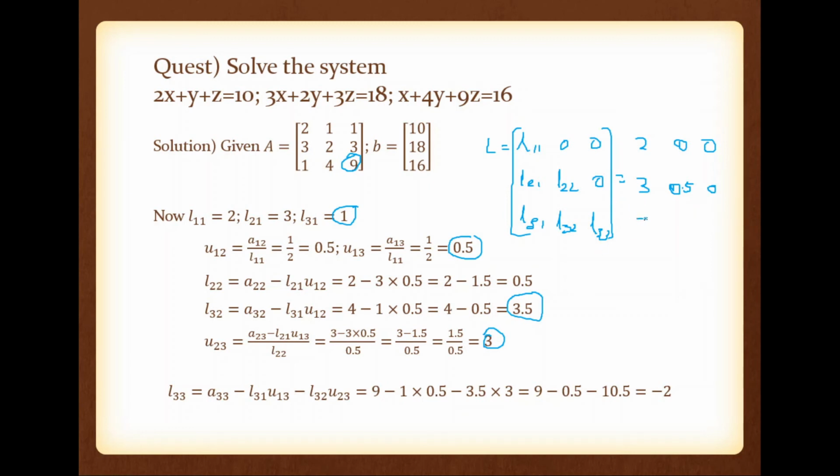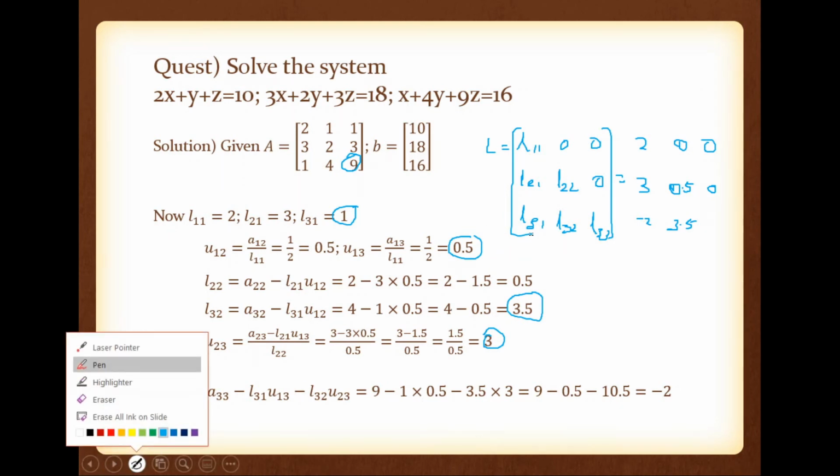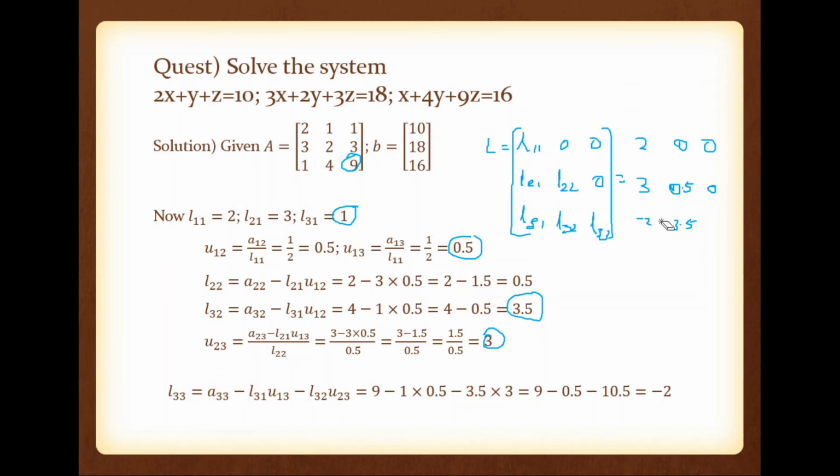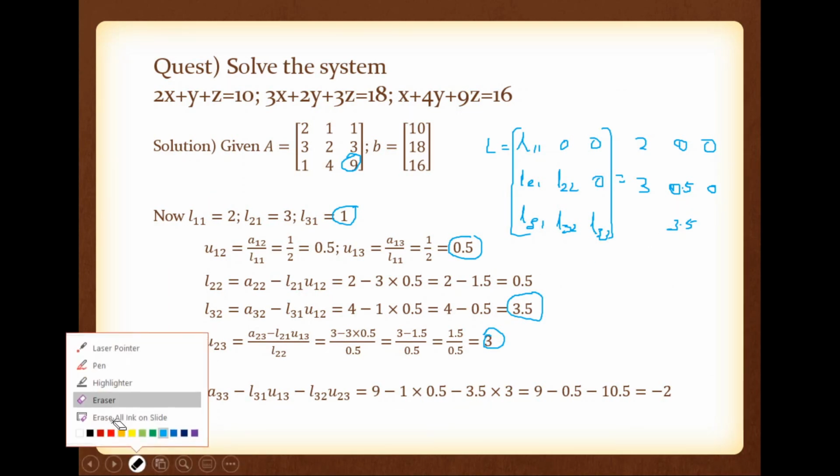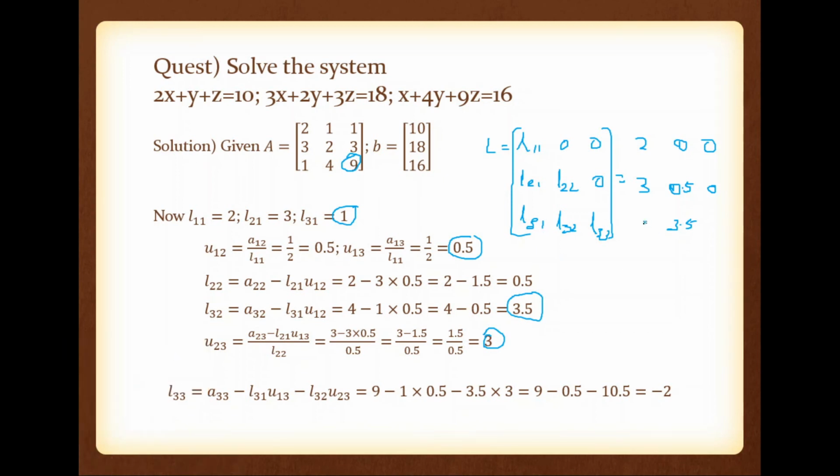Minus 2, then what is L32? 3.5, then what is L31? L31 is 1, so this is 1, then L33 is minus 2. Okay. So this is L. Similarly, what is U?